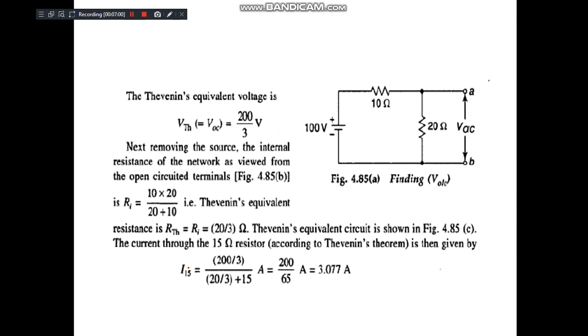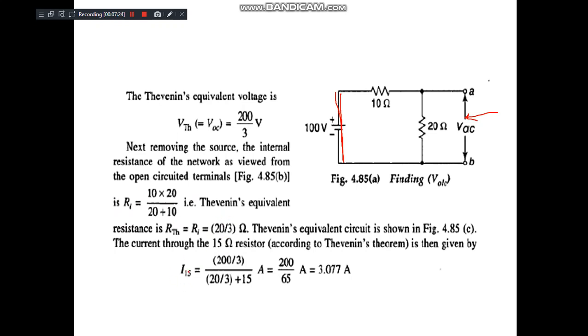And the second step, we have to find R Thevenin. We open this one and short the 100 source. Then if you observe from here, these two are in parallel. That's why it is 10 into 20 by 20 plus 10. So this is the value of R Thevenin, that is 20 by 3.